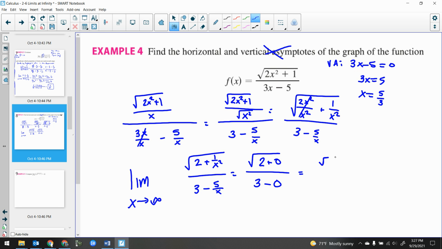So this ends up being radical 2 over 3. Interesting. Now, what does that imply? That implies that the horizontal asymptote is at y equals radical 2 over 3.